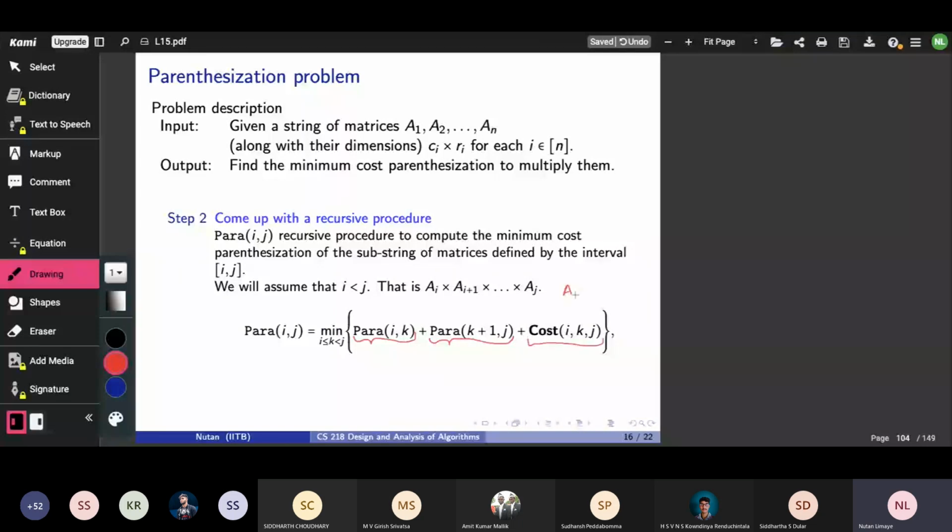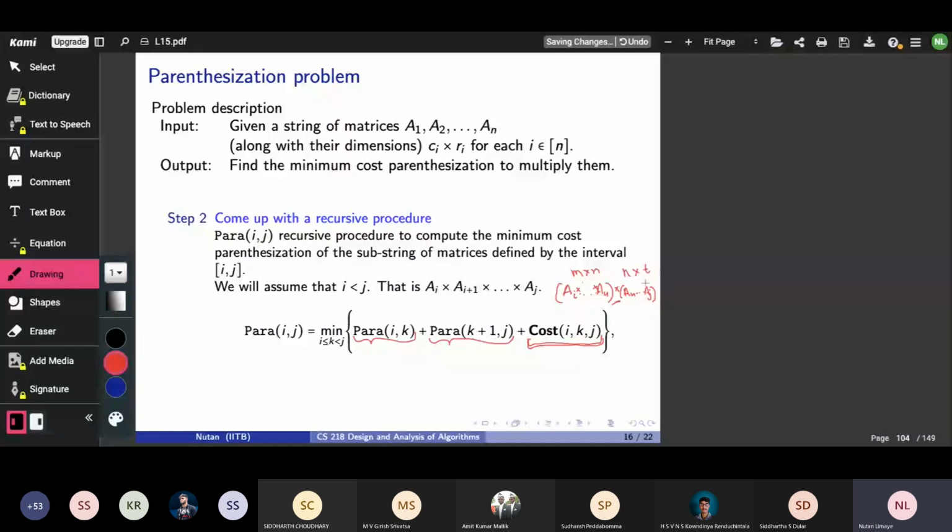So suppose I have a_i to a_k, this is multiplication, and then a_{k+1} to a_j. This cost is the cost of the final multiplication here. So suppose this turns out to be an M cross N matrix and this turns out to be an N cross T matrix.